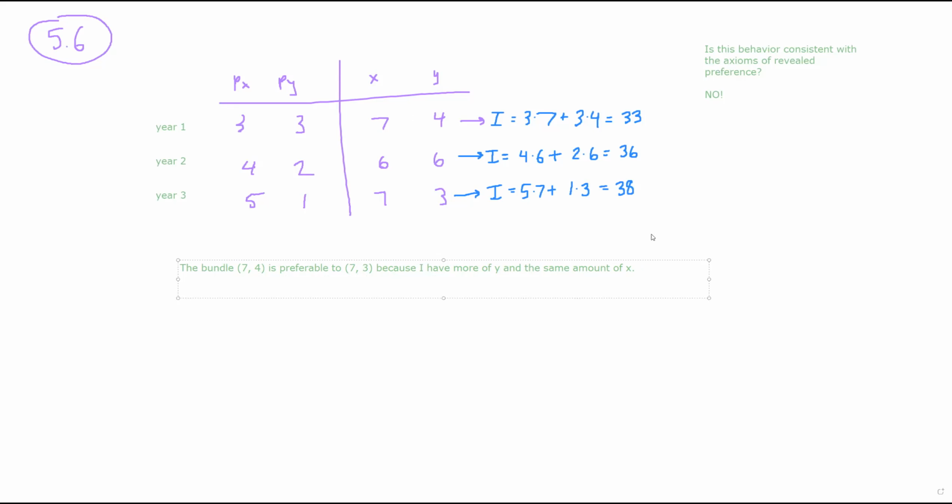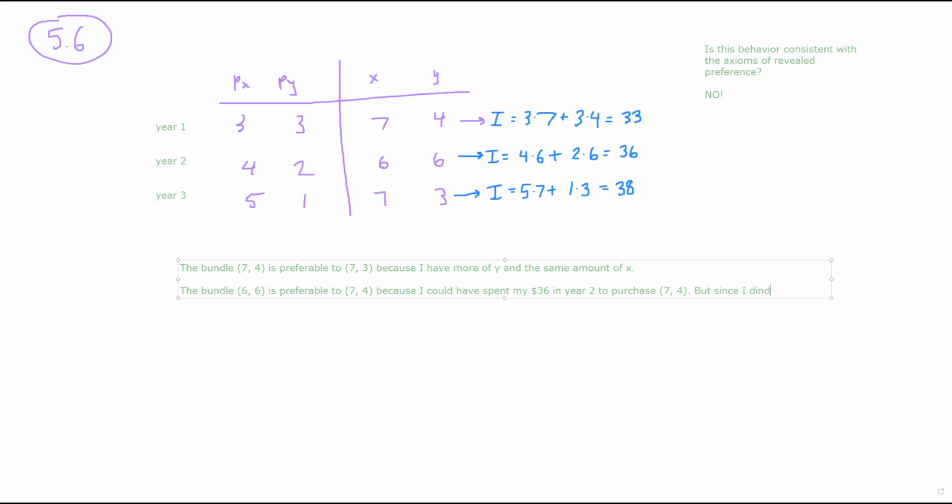Next premise is something like 6.6 is preferable to 7.4. The bundle 6.6 is preferable to 7.4 because I could have spent my $36 in year 2 to purchase 7.4, but I didn't.